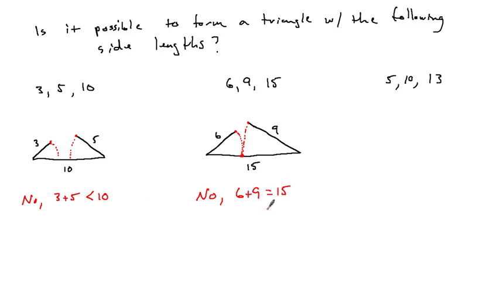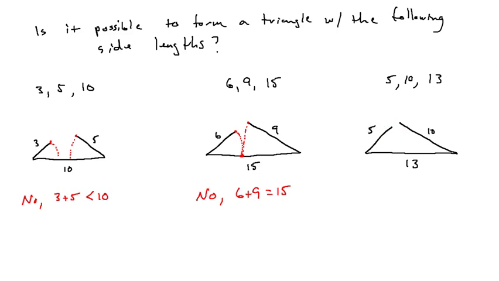So still not good. And now we'll come over here to our third example, and we'll draw our 13 on the bottom. We'll draw what 10 would probably look like, so well more than half, almost the whole thing. And then we'll draw 5, which should be about half of this one.